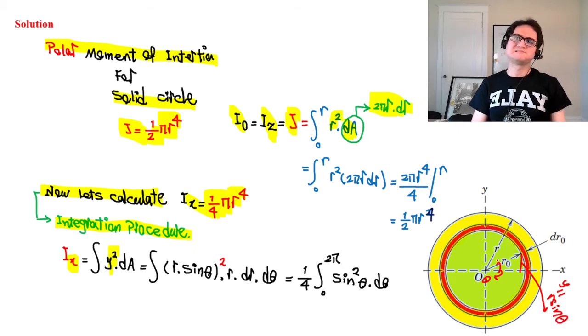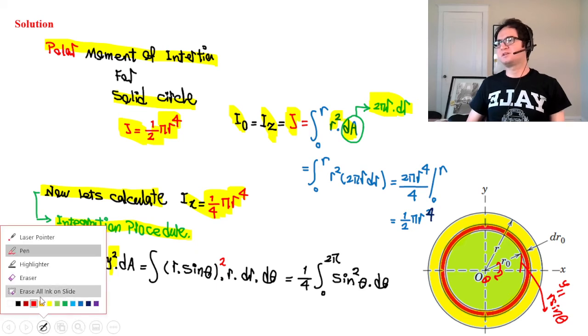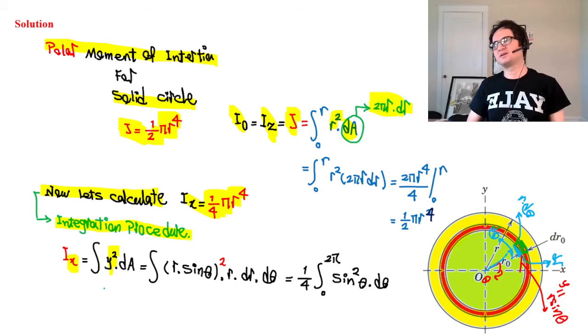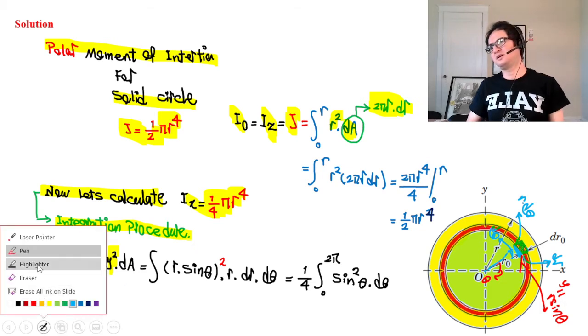Let's see what our area element is. If you go by a small element of rotation, if that's theta, this is d theta. So the length of the curve would be radius times d theta, the change of angle. And this is just a growth of radian, so that's dr. So the area element is r dr d theta.